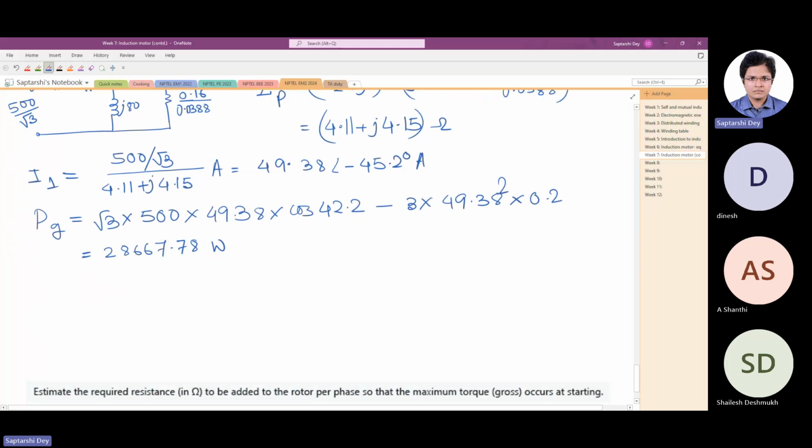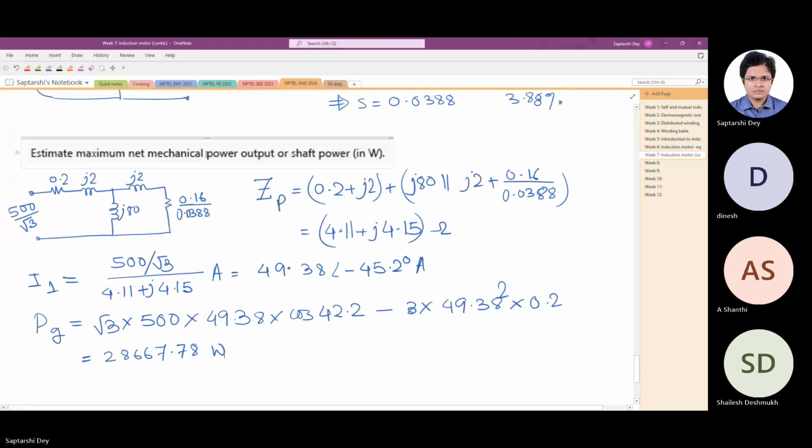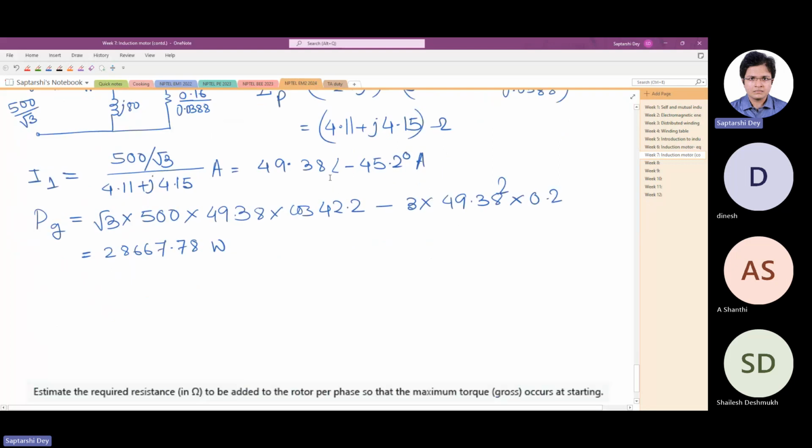Okay, gap power. Another question is net mechanical power output. So power output is 1 minus slip times gap power, minus friction loss. So 1 minus 0.0388 times 28667.78 minus 1600.